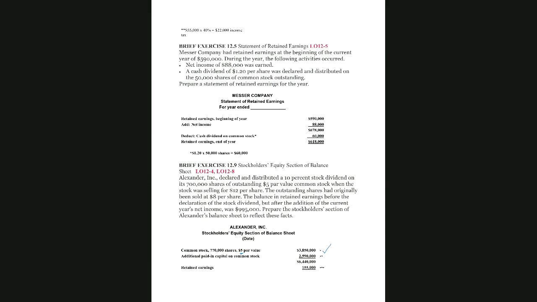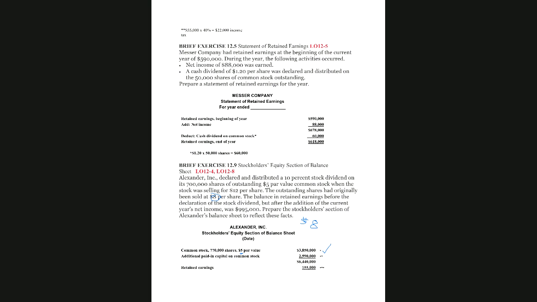So what was the original amount that the stock was sold for? The original amount the stock was sold for was $8 per share. The market value of the shares was originally $8 per share.